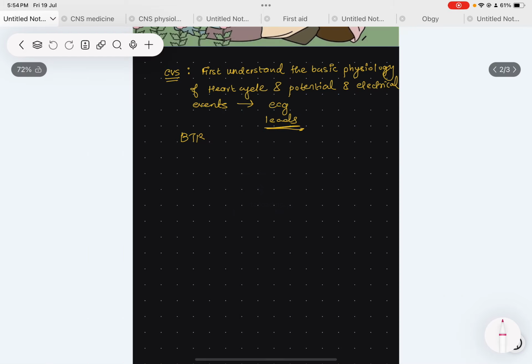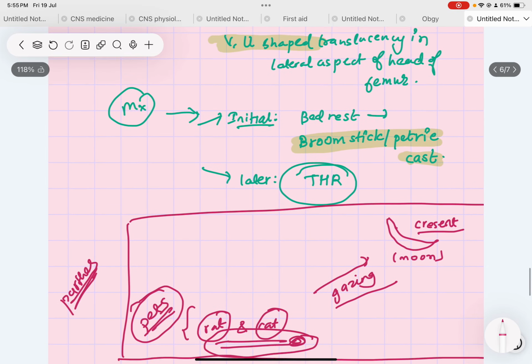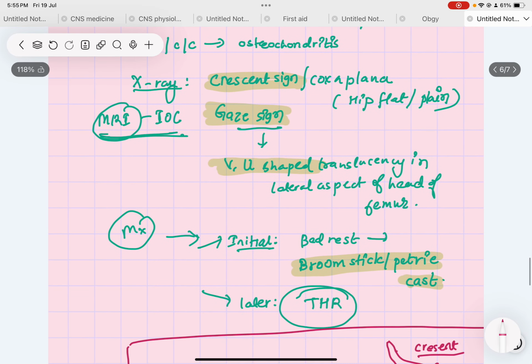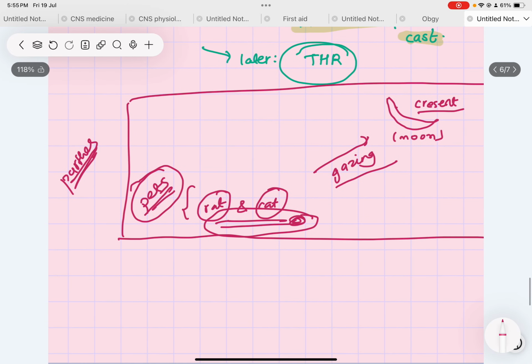There is a crescent sign, gage sign. Also, we have to see the Patrick and broomstick cast and also Catterall sign.